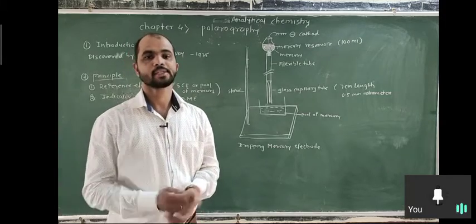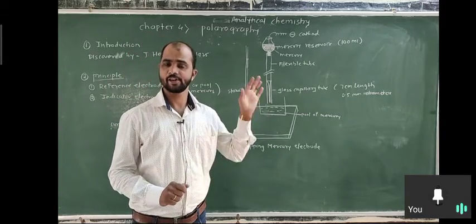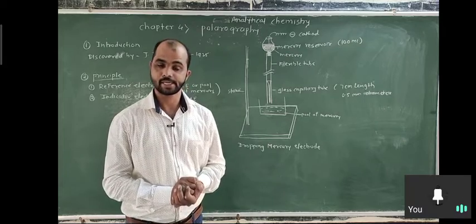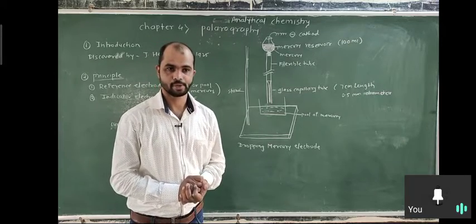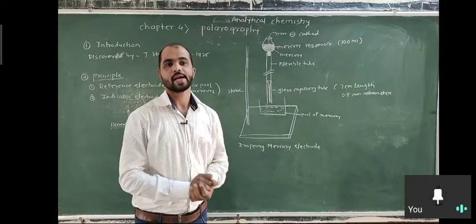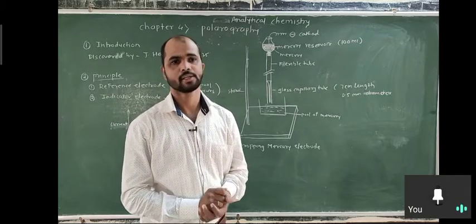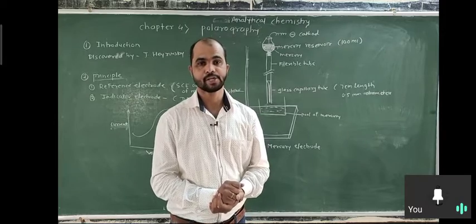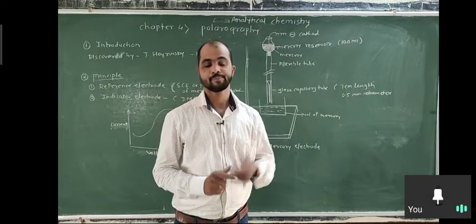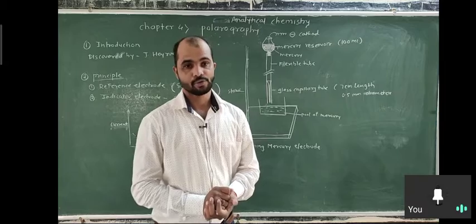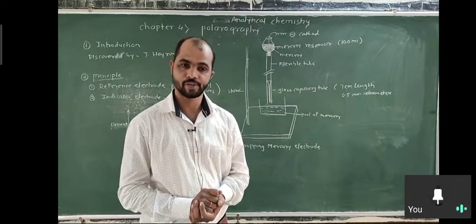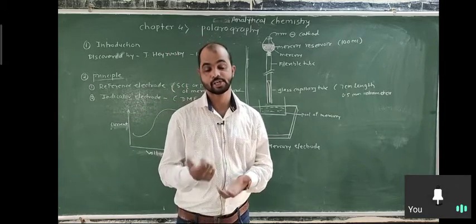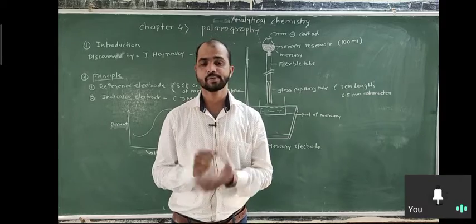So physical method means what? There are different kinds of spectroscopic techniques used when any sample is in contact with different kinds of radiation, and you know in the spectrum different radiations are used: X-ray, gamma ray, radio waves, IR, UV rays, NMR means radio frequencies, and cosmic rays are used.